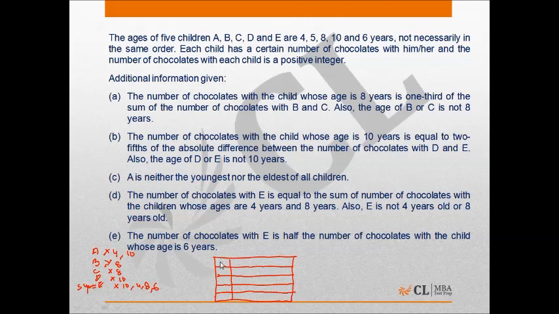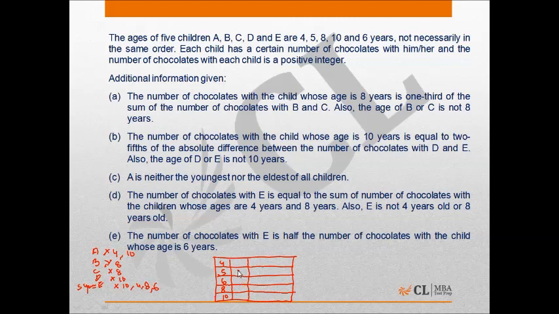Here, write down ages 4 years, 5, 6, 8, and 10. And in these columns, write children.